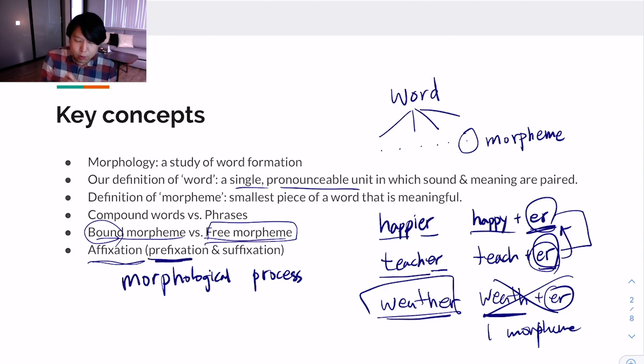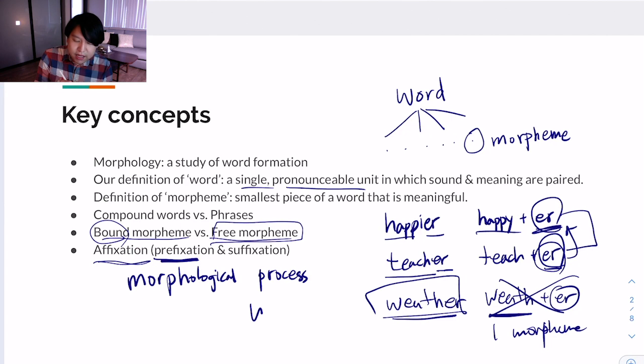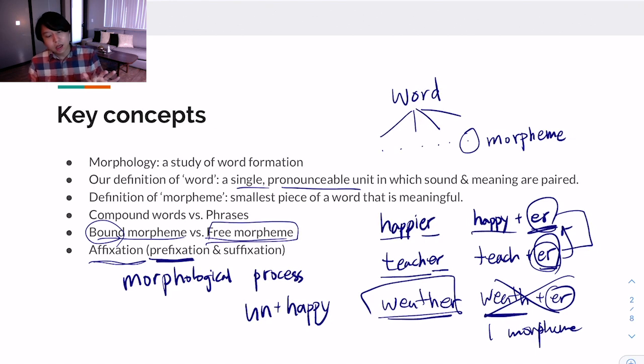Prefix, when you add a prefix, it's a bound morpheme that exists at the beginning of a word. So when you say unhappy, this is a result of a prefixation of the word happy by the prefix "un".